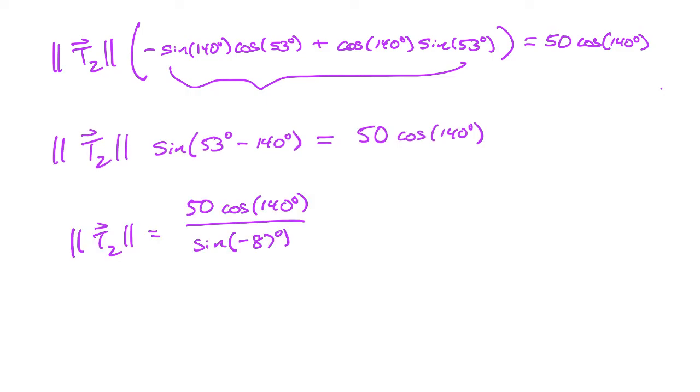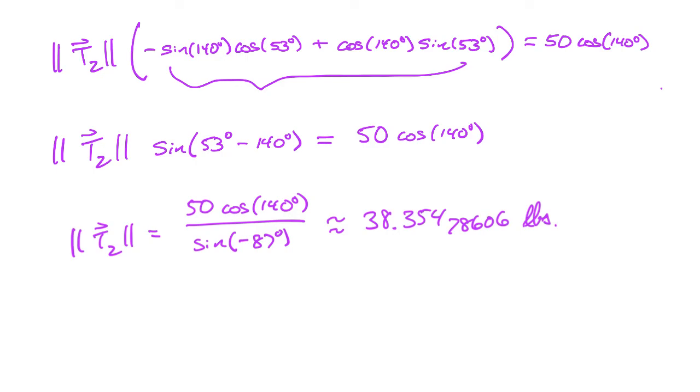And so that gives us a value for the magnitude of T2 being 50 times the cosine of 140 divided by the sine of negative 87. So approximately, it will be 38.354786.06, and the units that we had were pounds of force.